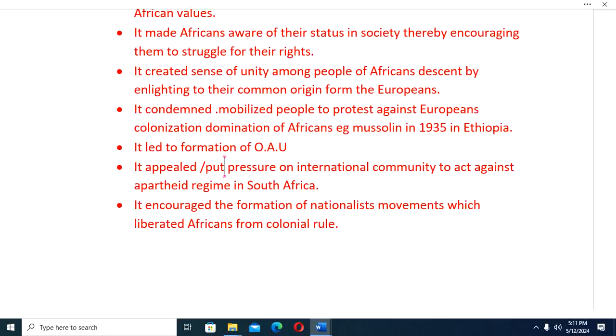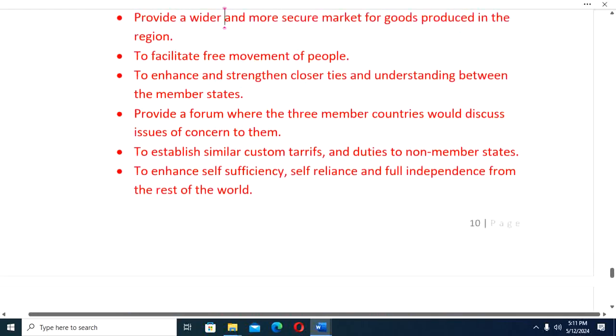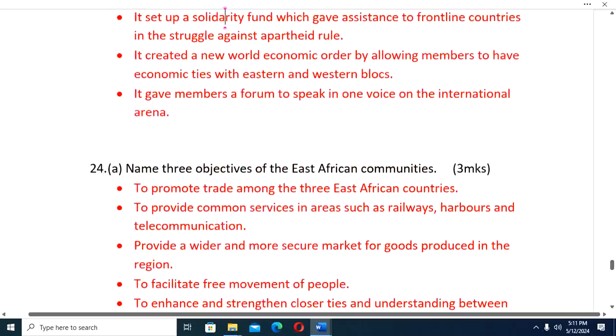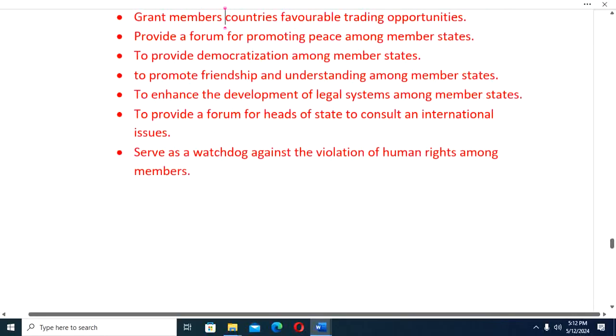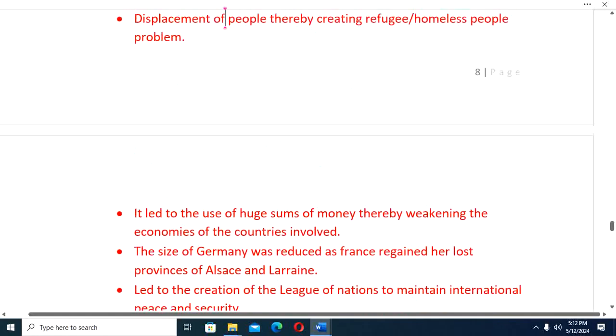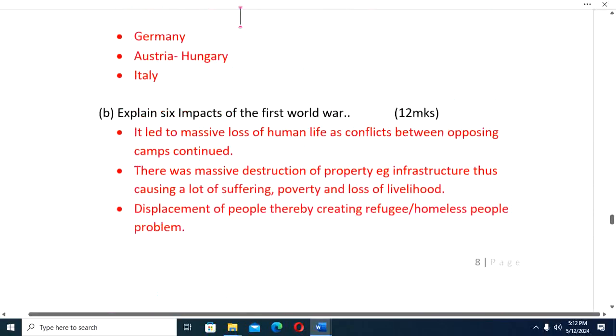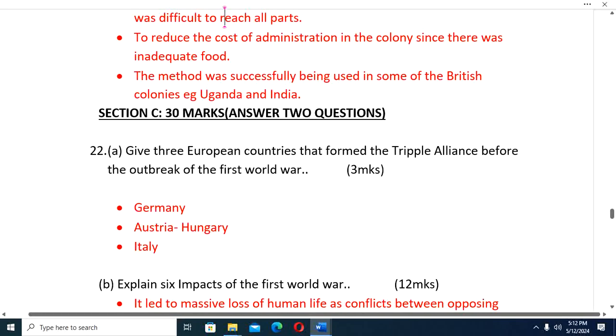We are through with this paper. I believe you have been able to understand some of these questions and you can easily answer them, because we said the functions of any movement, may it be EAC, Commonwealth, COMESA, or any other, are almost similar.